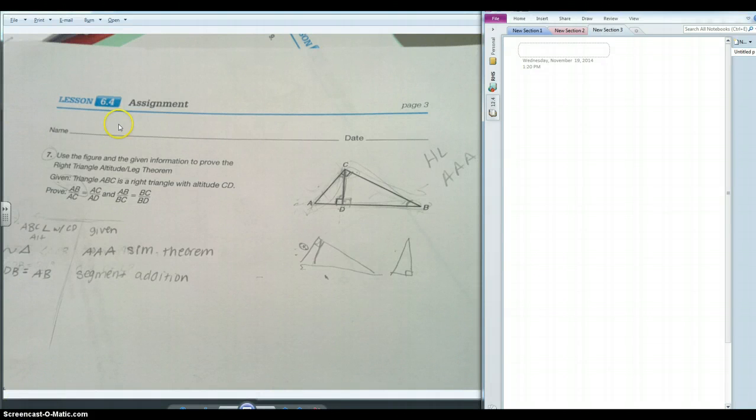Check this out. The idea here is that you need to prove that the triangles are similar to each other.